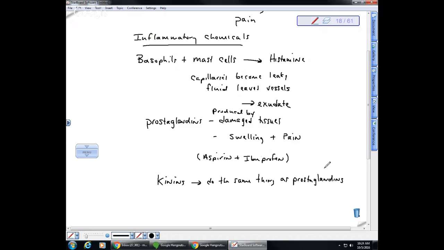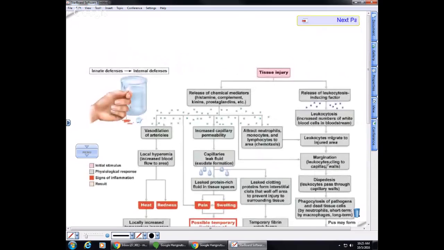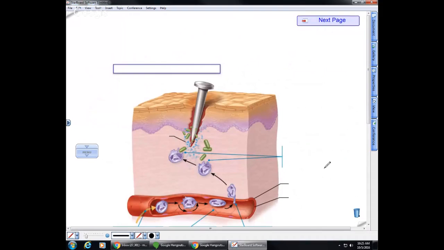So if we look at the diagram of inflammation, the first diagram that I gave you, you could write inflammation above this, right? You don't have a little box. And these little dots that are surrounding the nail here, those would be the inflammatory chemicals.